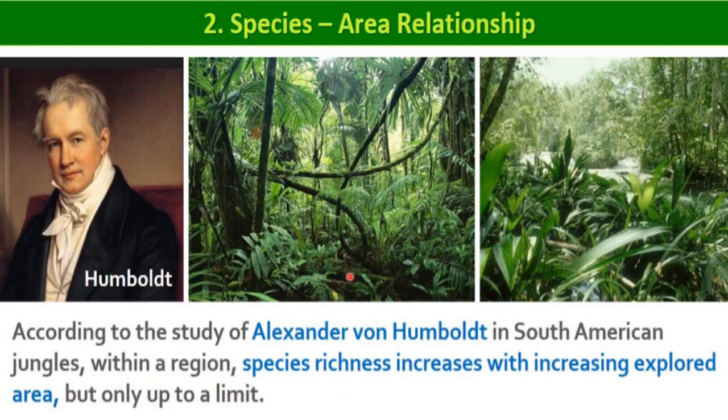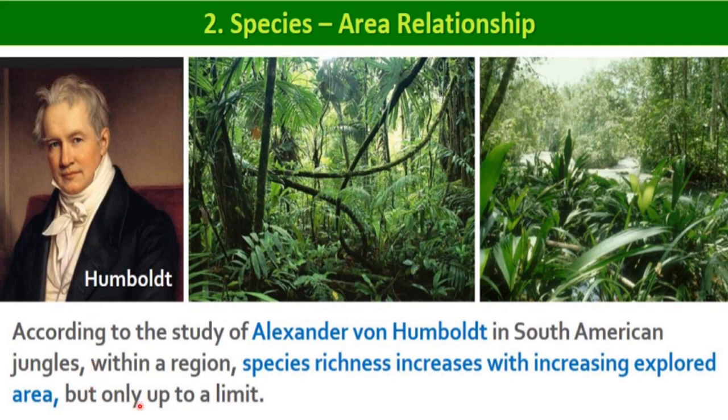It means he started exploring a small area in those jungles and found a few species there. When he increased the explored area, he found more species, meaning species richness increased with increased explored area, right?